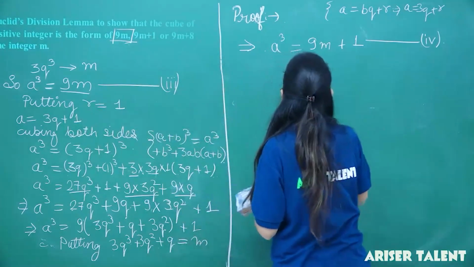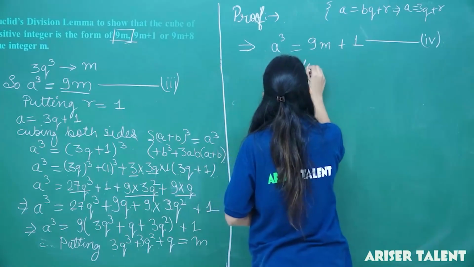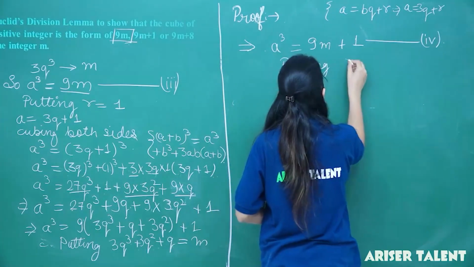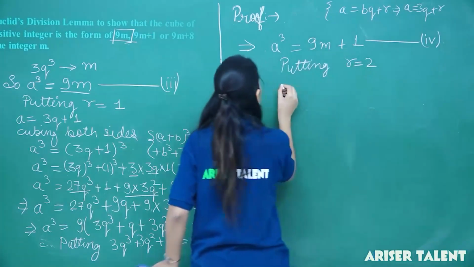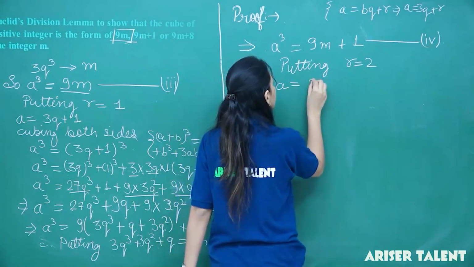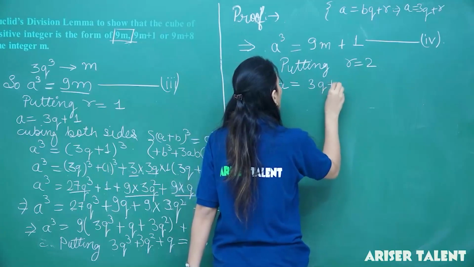r equals 2. So, putting r equals 2, it will become a equals 3q plus 2.